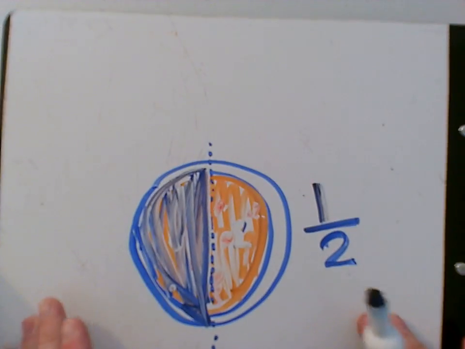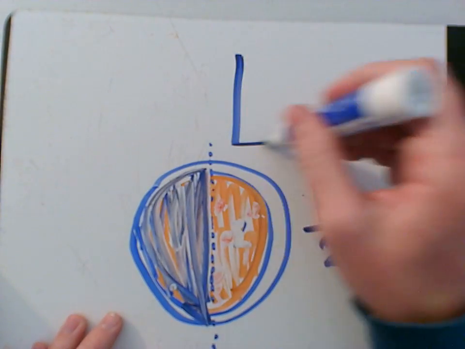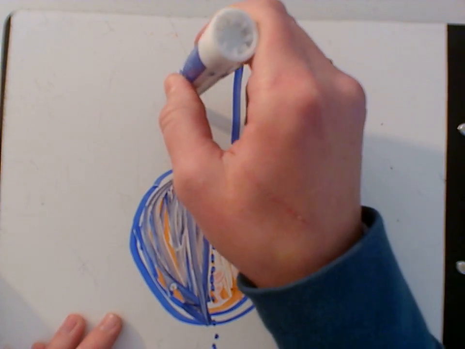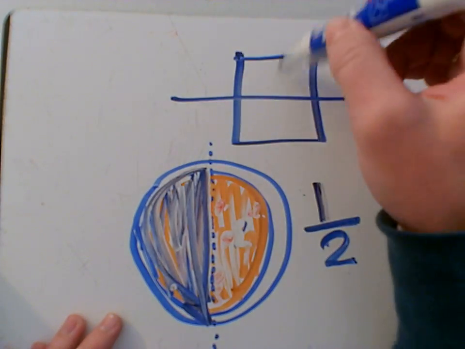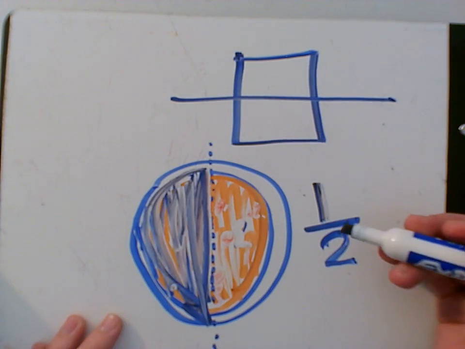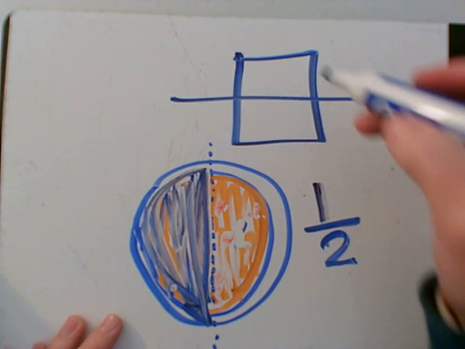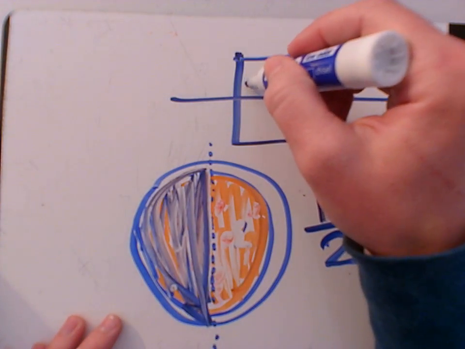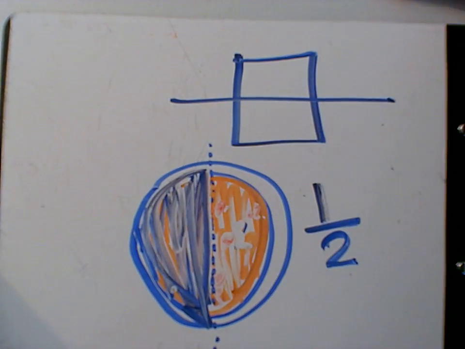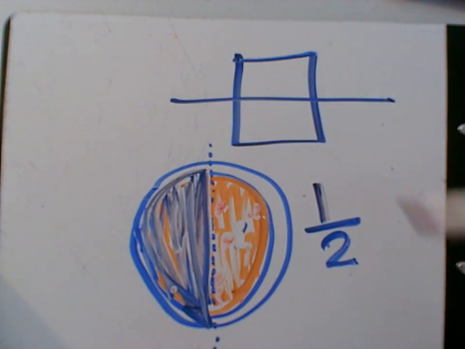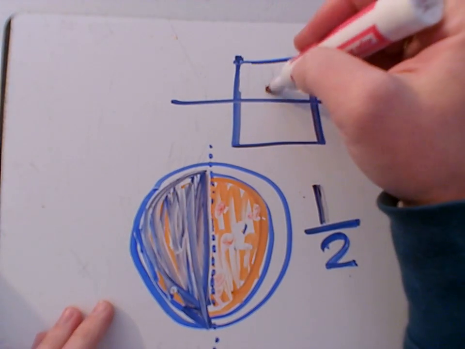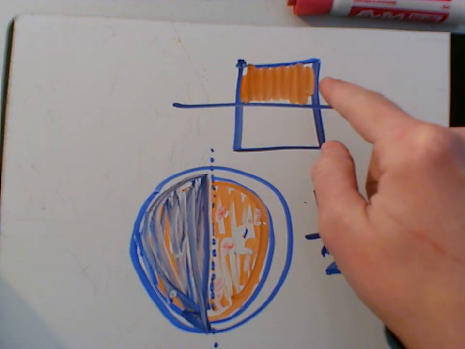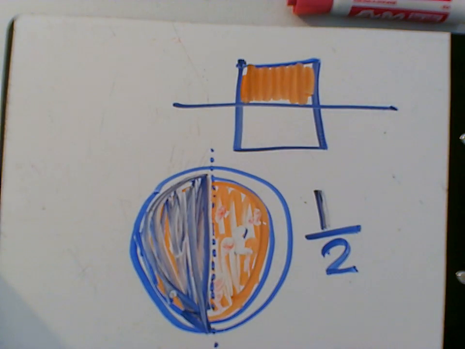I could show 1/2 with a square. So if I was to cut my square in half, that means I have 2 equal parts. And if we're just looking at one part, we're going to look at this orange shaded part, just like you'll see in your homework.